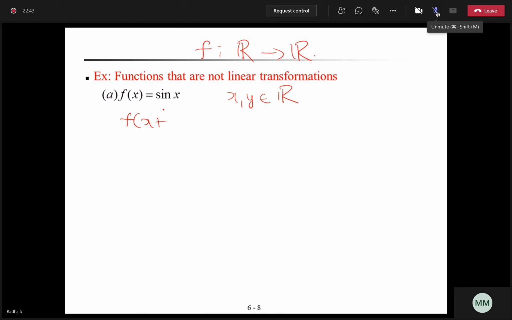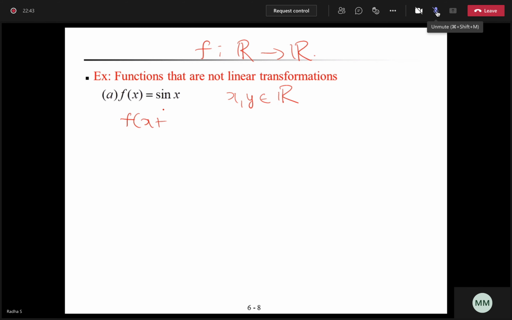Because sine of x plus y is sin x cos y plus cos x sin y, which is not at all equal to sin x plus sin y. So therefore, the first condition itself is not satisfied. So f is not a linear transformation.